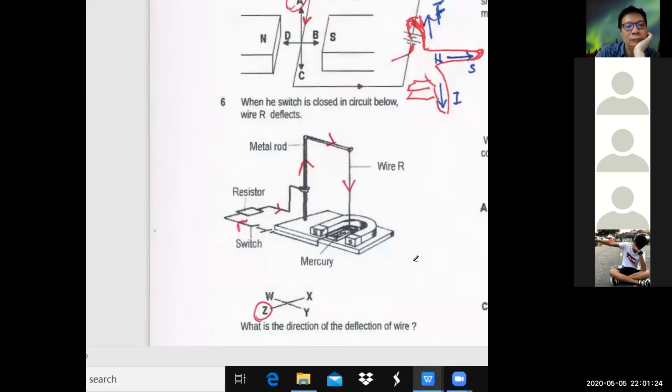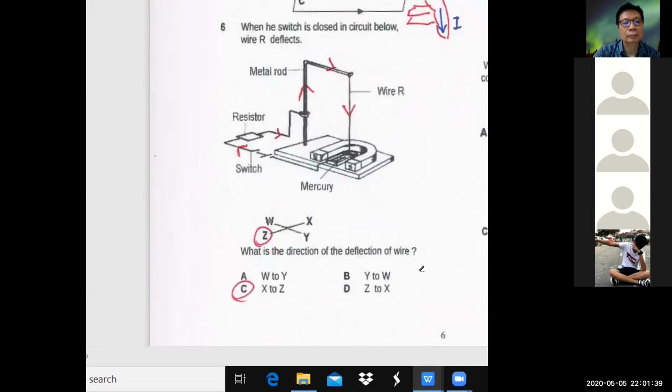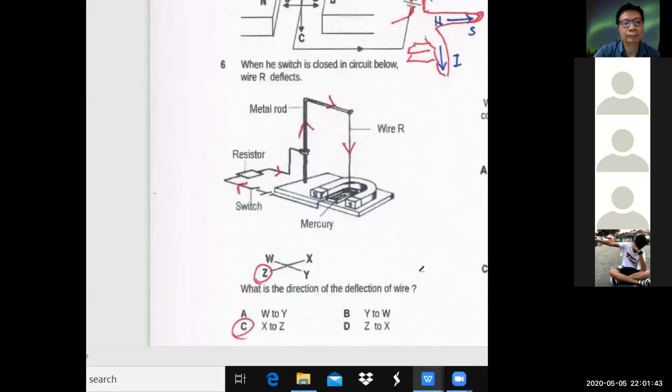Let me see. X to Z. North to south. Current is coming out.